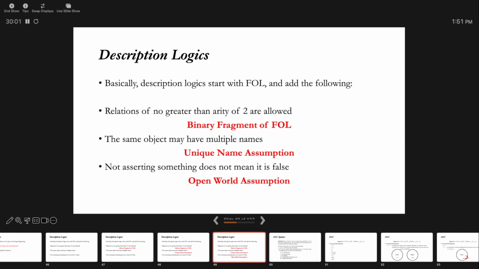Nothing. We don't say anything about it. It does share similarities with intuitionist logics, but we don't have the hard sort of negation by proof stuff that goes into it. It's just tableau reasoning, which is all indirect, which we'll talk about. So there are a lot of differences between description logic and intuitionist logics.